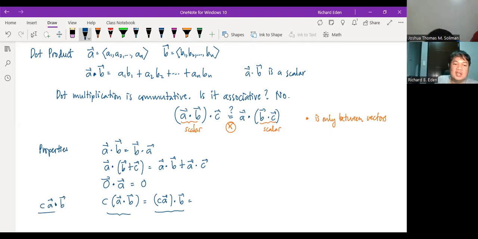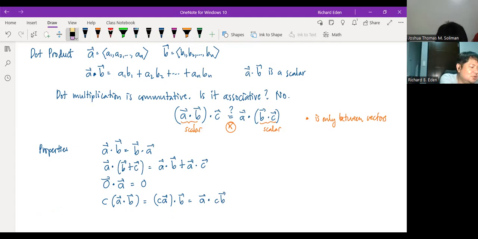So when you see something like that, there is not supposed to be any confusion. You can take it like this or this because of this property. We can also put A dot C B. We haven't proven anything yet. I want to give geometric properties, but we are on our way there.